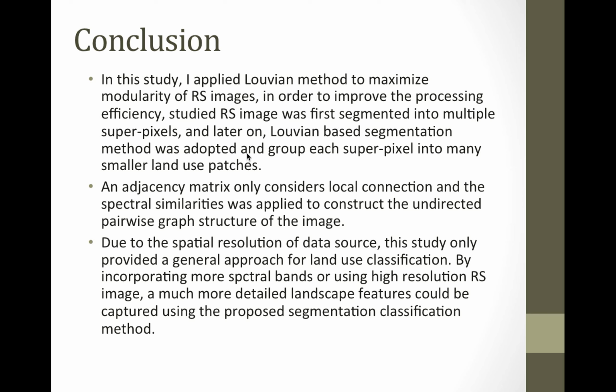The Louvain method was used to group each superpixel into many smaller urban patches. The classified result shows that my results are acceptable and can be further studied as an algorithm for remote sensing image classification.